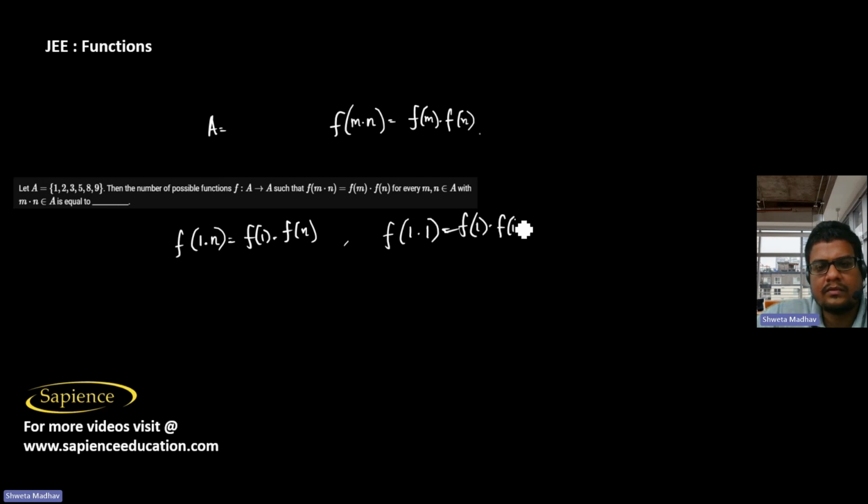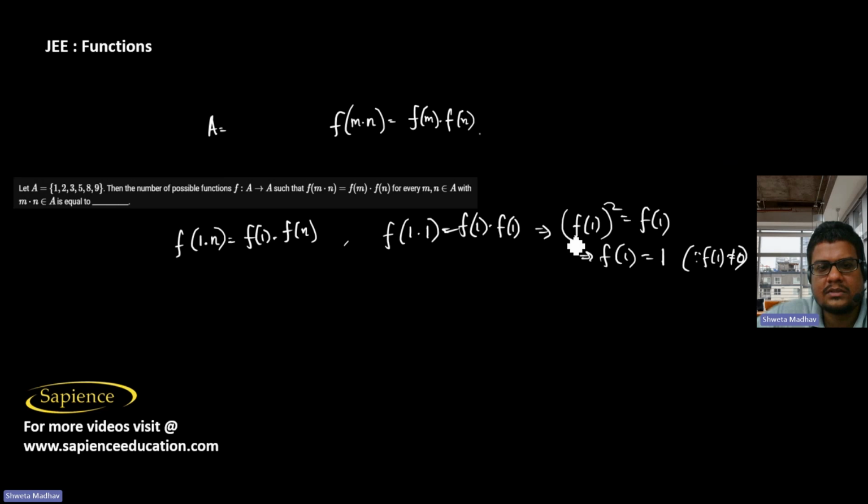So if you take f of 1 into n, that will be f of 1 into f of n. Now if you take f of 1 into 1, that will be f of 1 into f of 1, which means f of 1 whole square is equal to f of 1. So f of 1 will be equal to 1. Why can f of 1 not be 0?